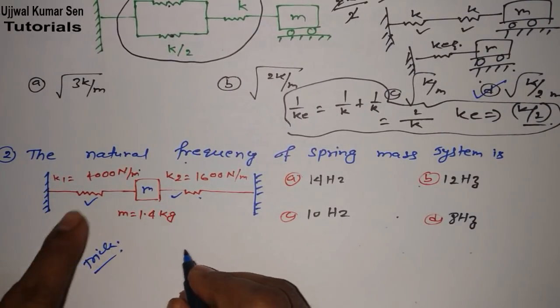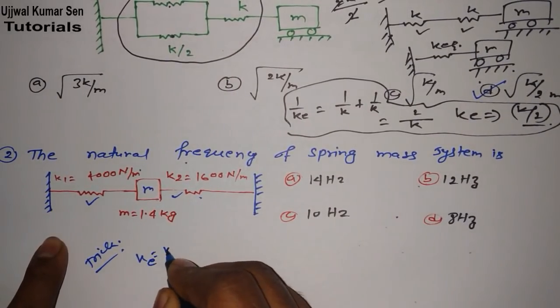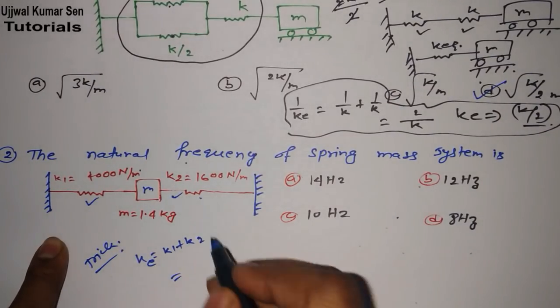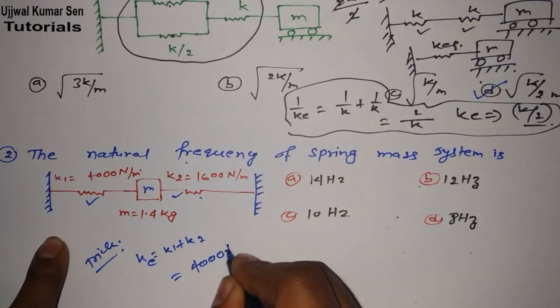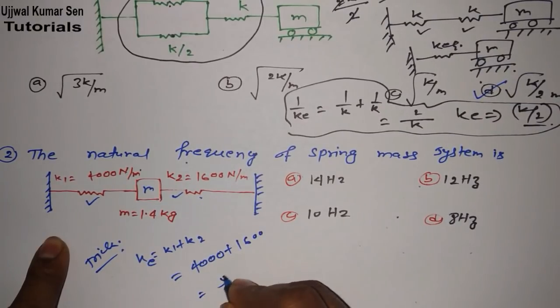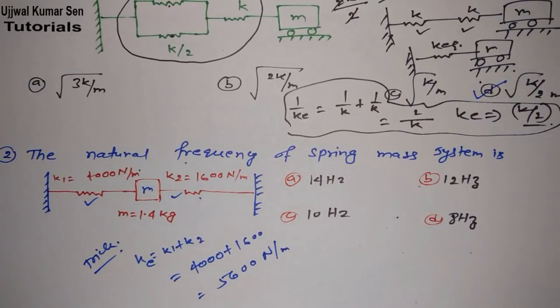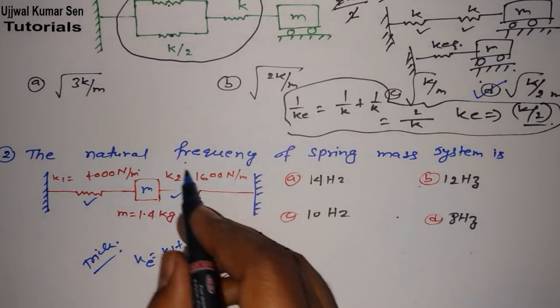So for the total stiffness, suppose that Ke is equal to K1 plus K2, because both the stiffnesses are in parallel. That's why 4000 plus 1600 is equal to 5600 Newton per meter. This is given in Newton per meter. So now what next? They have asked for the natural frequency.